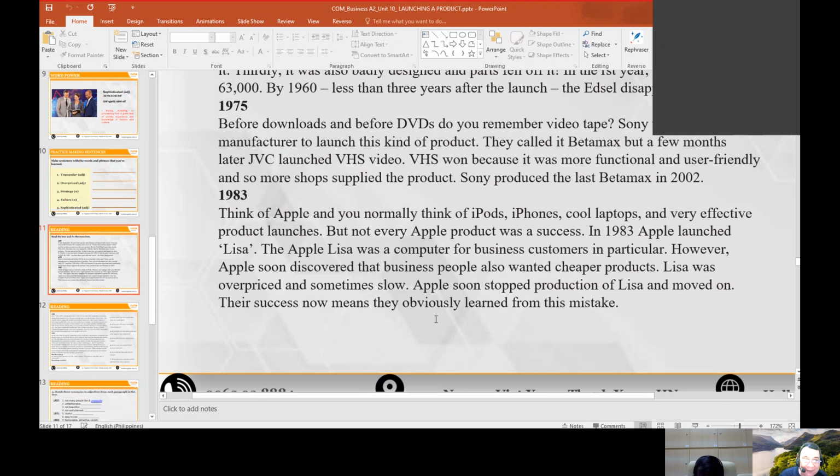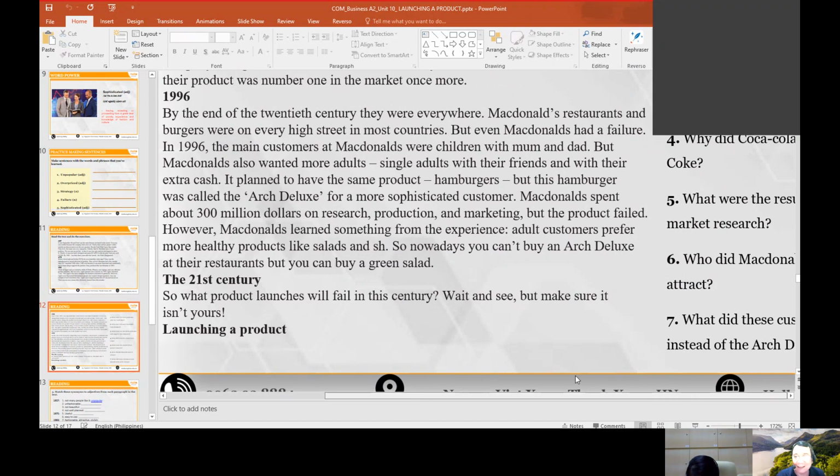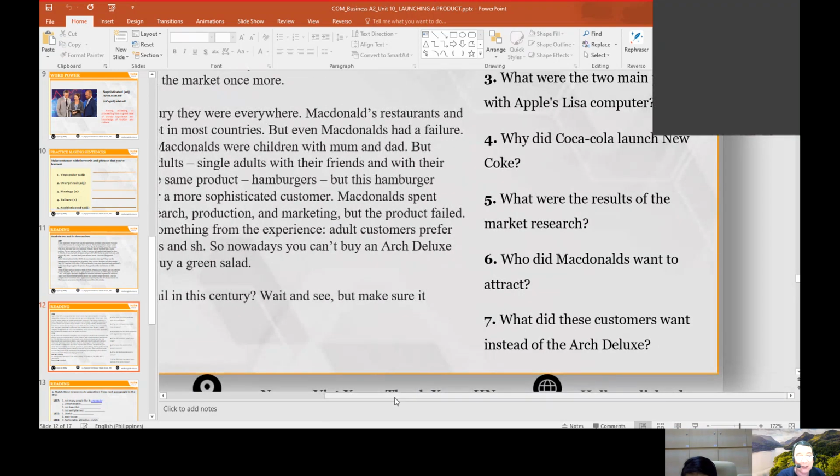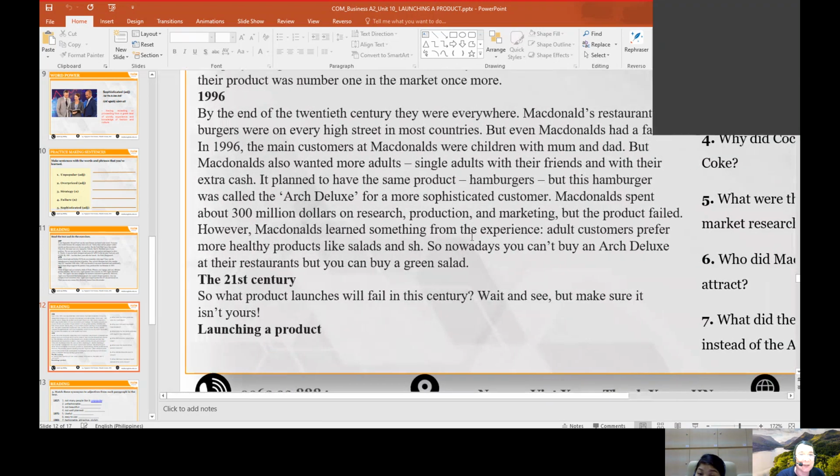So number one, overpriced and sometimes slow. Correct. So overpriced, but of course the quality of the product is not good. Okay? And then, oh, so this time we are going to read this one.